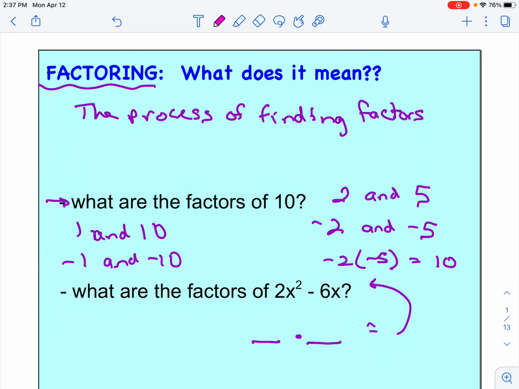And whenever we start with factoring, the very first thing we should always look for is to see if we can find a greatest common factor, because then we can divide out the greatest common factor and multiply it by what is left, and those will be our two factors.